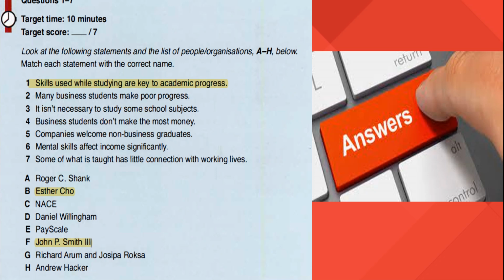So that's the end of our matching headings, matching statements with the correct researcher or philosophers or experts, and how to find the correct way, which you need to pay particular attention to. And it does not follow in order. All the questions are confusing your mind.